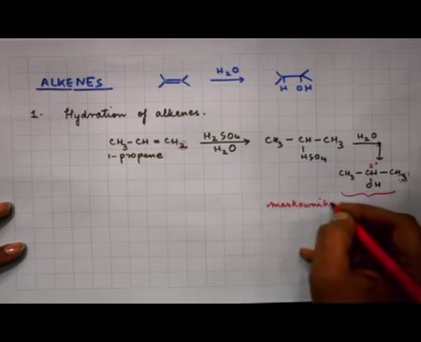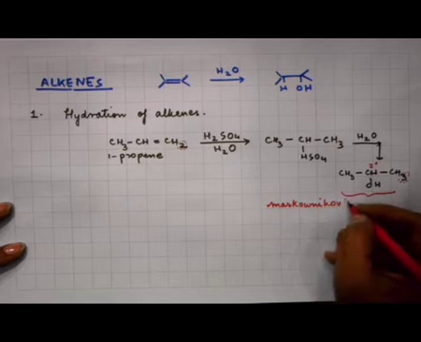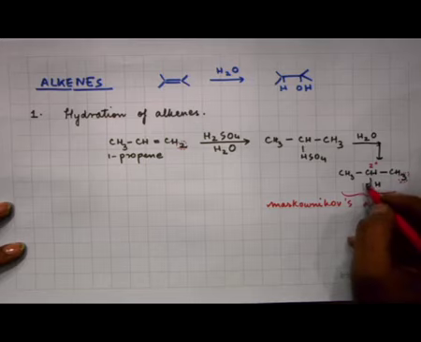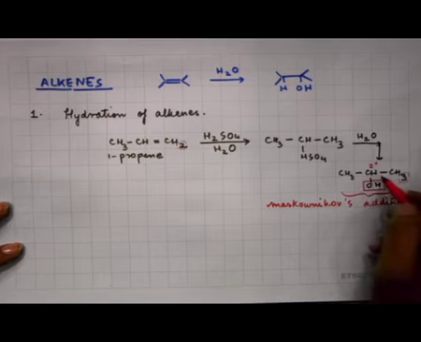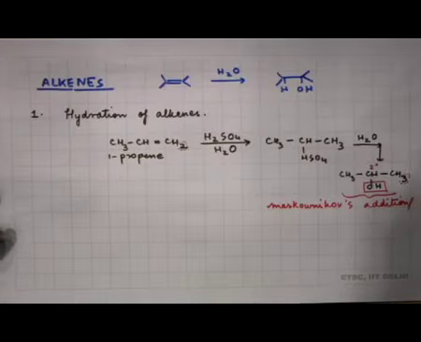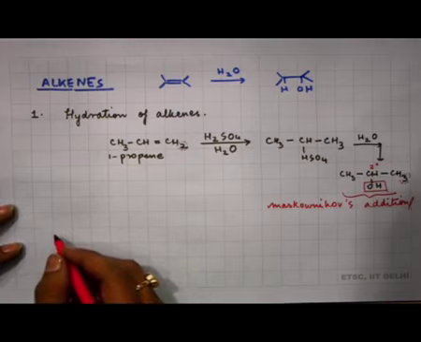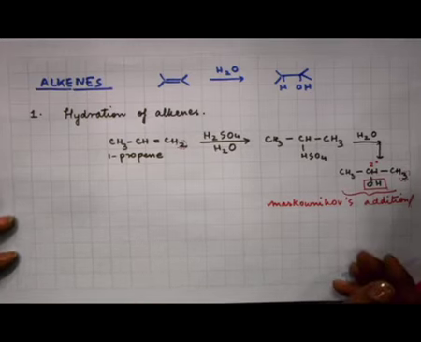It is a Markovnikov's addition, where in general the hydroxy group always goes and adds on to the carbon which forms a more stable carbocation. This is the general principle. So, we usually get the Markovnikov addition as the dominant pathway for all these addition reactions on alkenes, giving us alcohols, for example, in this case.